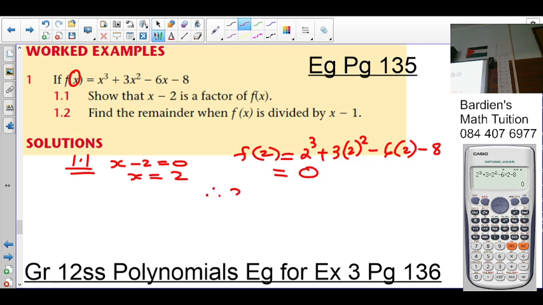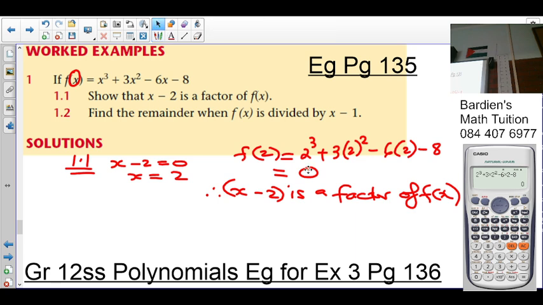Therefore, x minus 2 is a factor of f of x. Do you guys understand? Is there any confusion? People, if there was any other number other than 0 here, then what does that mean? Not a factor. You guys understand?